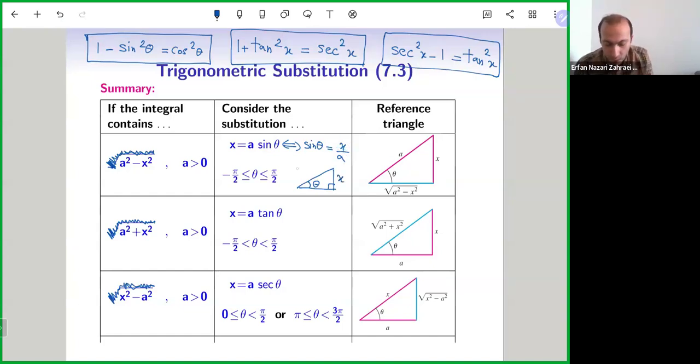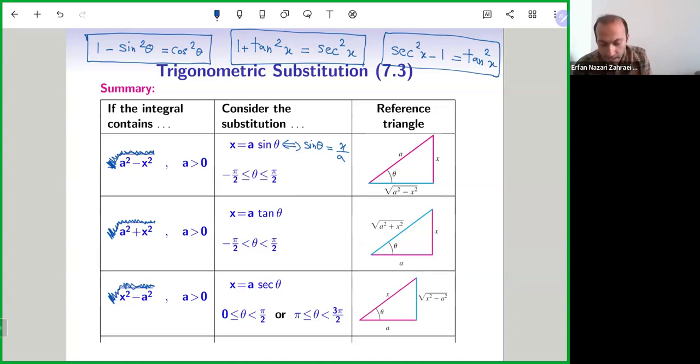Then what is the last side, the other side that I don't have? Use just the Pythagorean theorem. This is hypotenuse squared minus the other side squared. That would be this side squared. So that side is a square root of this. So this triangle is created like this. Definitely don't memorize it. Create it from the substitution that you have.